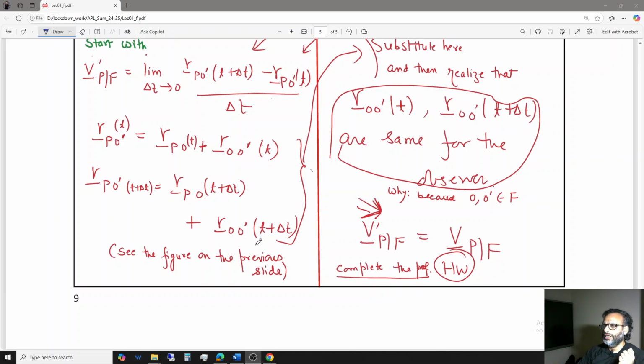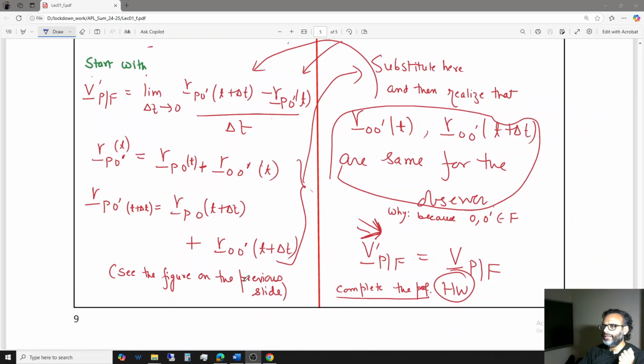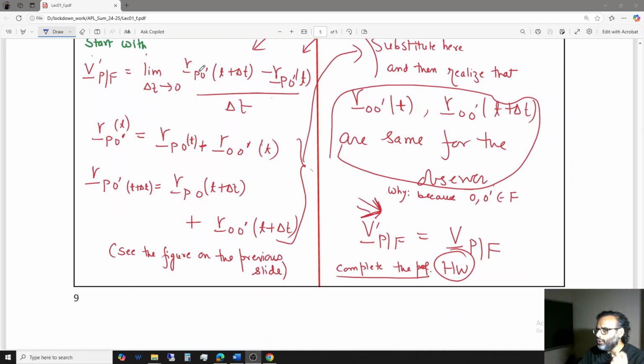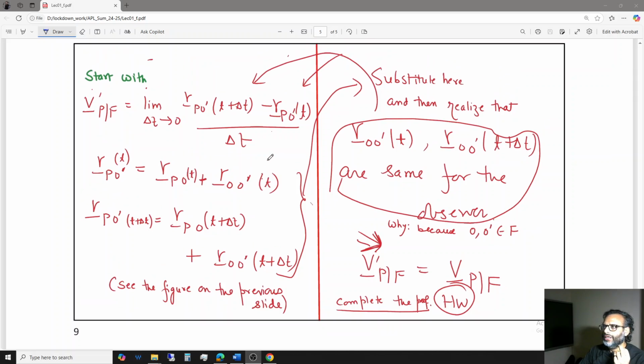So now I am going to substitute Rpo prime at t and at t plus delta t in terms of what I have on the right hand side here.